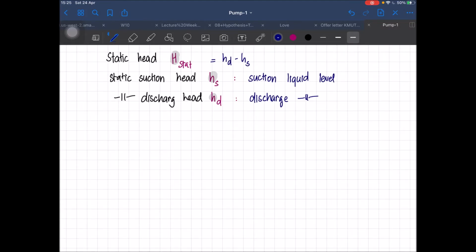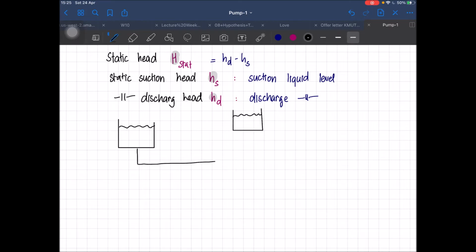How do I draw this one? I need to draw it nice and neatly. We have water here, and there's a pipe going that way. We have another water tank here.